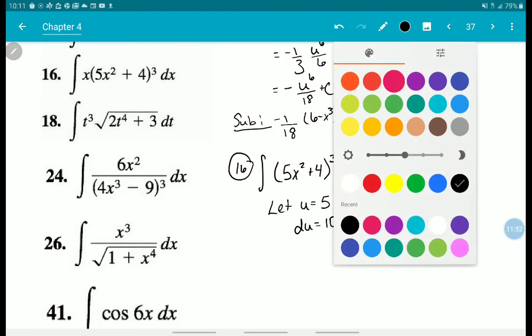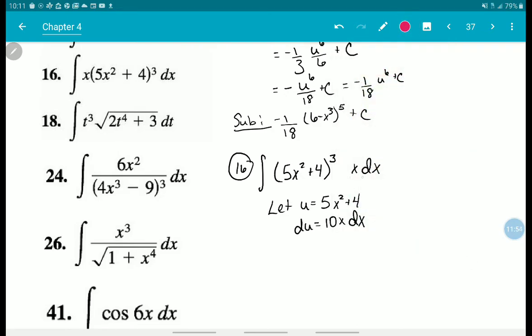Now, if we look, we have the x dx, but we're missing that 10. So we can multiply by 10 here as long as we compensate with a 1 over 10 somewhere else. That way we're really multiplying by 1 here. So then we're going to do our rewrite. So we have 1 over 10 times the integral of u cubed du.